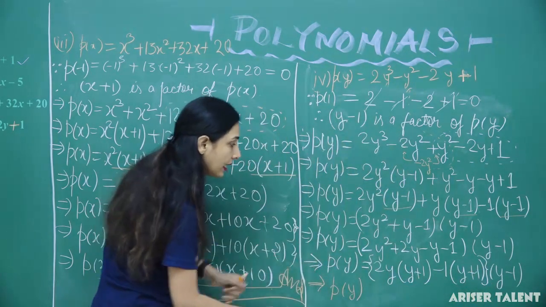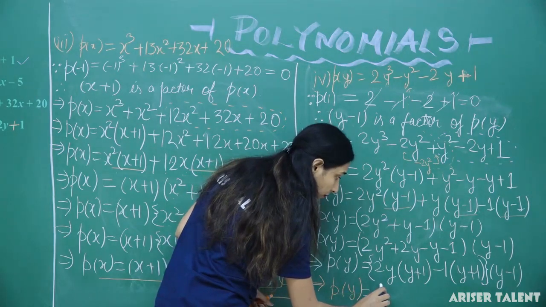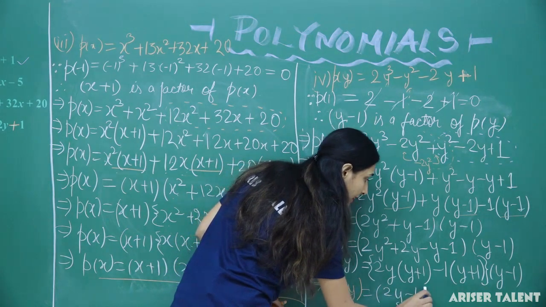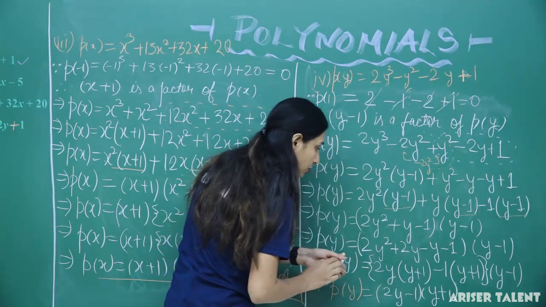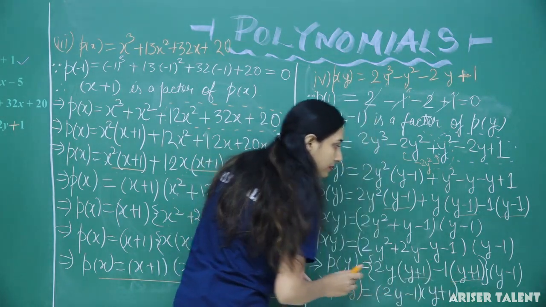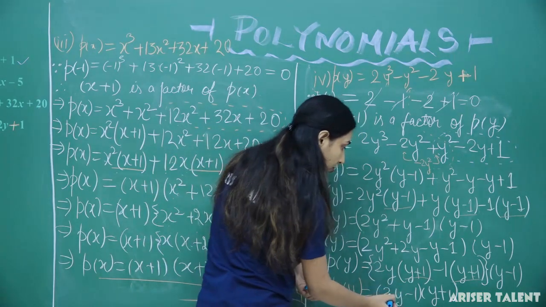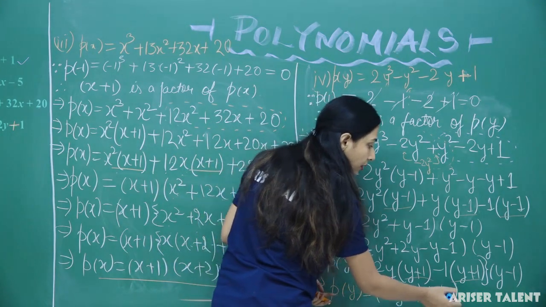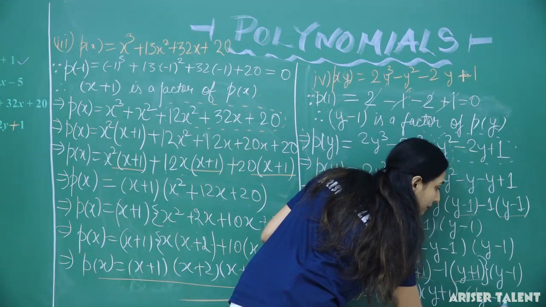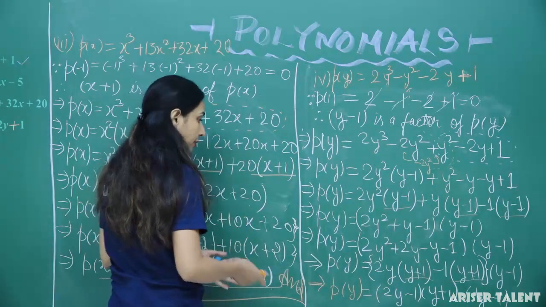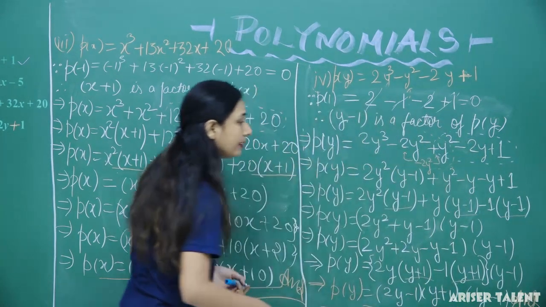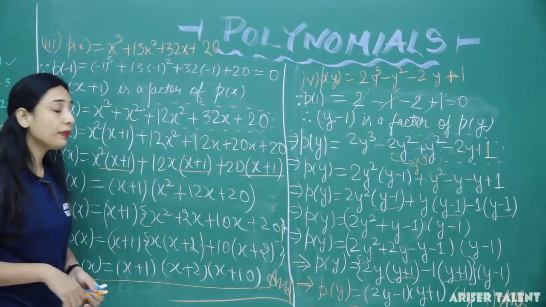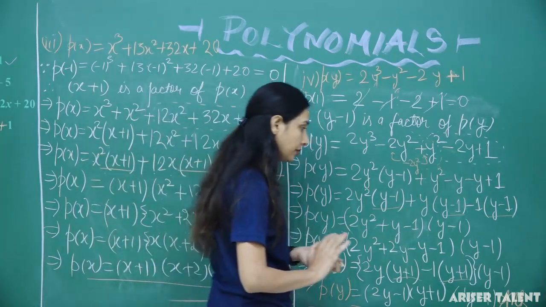So that will be equal to 2y minus 1 and y plus 1, because y minus 1 is common from these two. This is y minus 1, this is y minus 1. So that is 2y minus 1 and y plus 1, and this remaining y minus 1. Now that will be your answer. Isn't it simple? Right, students?